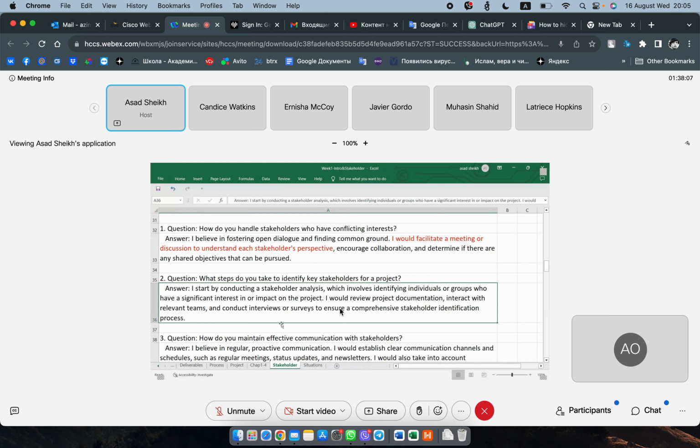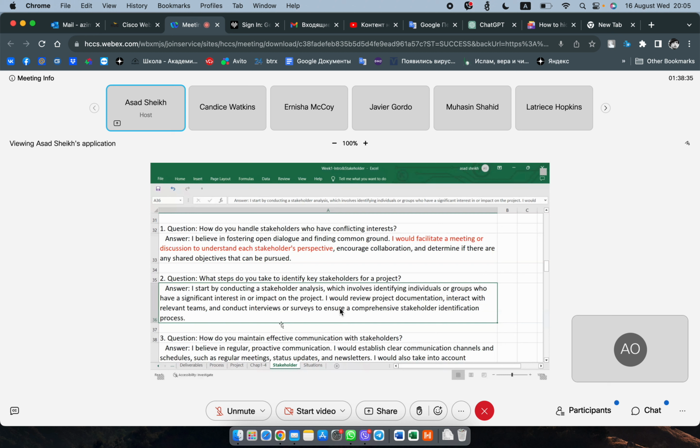So in a nutshell, it's just saying that I'm going to identify individuals or groups by interacting with my team, customer, and sponsor, and by interacting with them, I will find out who the rest of the folks are, who are other stakeholders who will have an impact, right? Because the people that you're going to be interfacing with are going to be your sponsor, your team, and your customer for the most part. For Agile, it's going to be your product owner, team, and the customer.